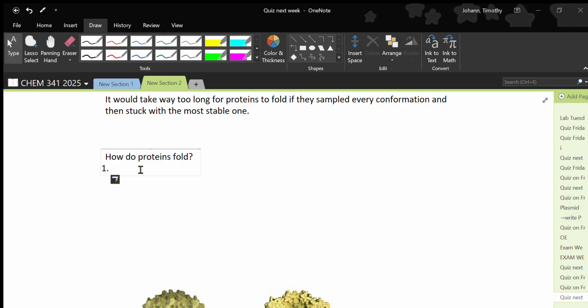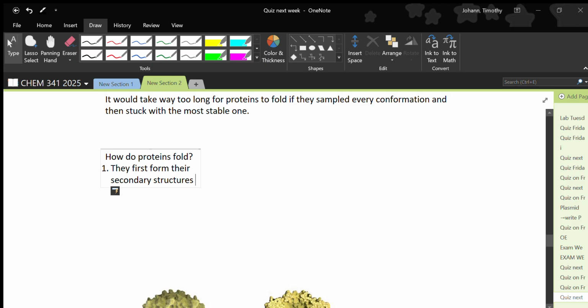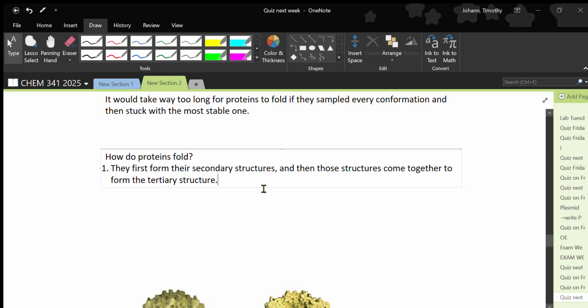They form their secondary structures, and then their secondary structures come together to form the tertiary structure. And then beyond that, once you have protein units, they could come together to make a quaternary structure. We're not going to worry about that. Those two pieces would float together in solution.